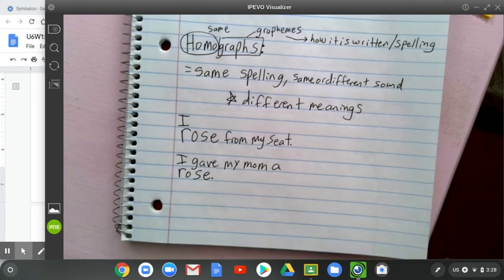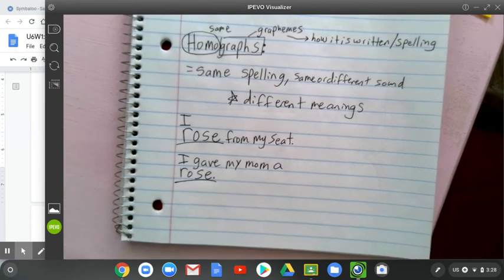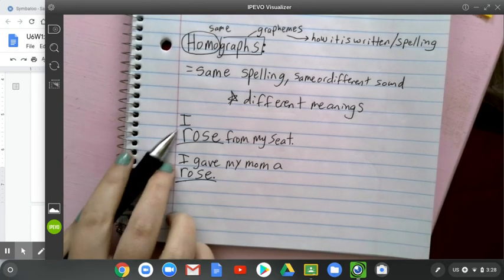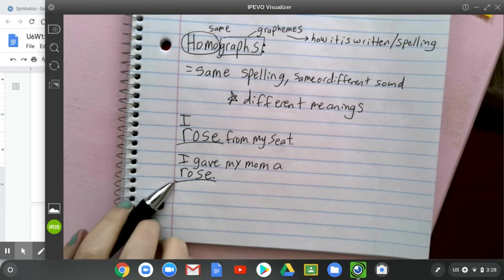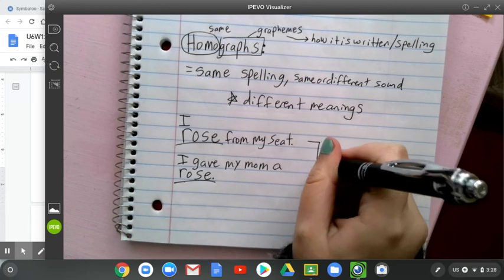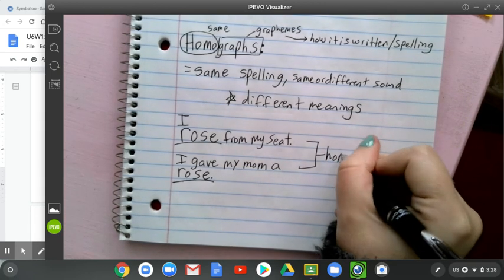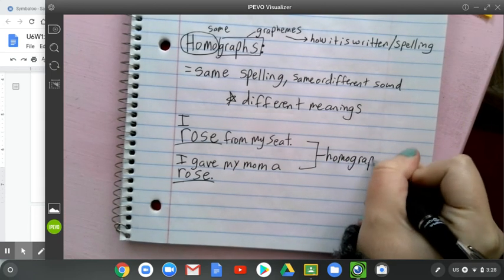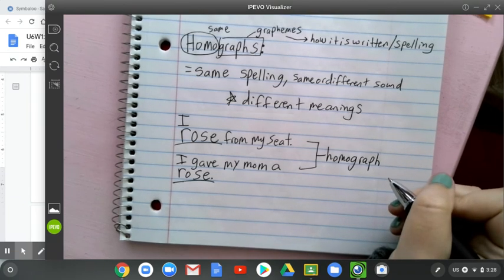Sorry, that was kind of weird, but I'm going to underline the same words there. All right, 2 different meanings. One means to stand up, and one means like flower. You might have guessed, but this is a homograph because they're spelled the same.